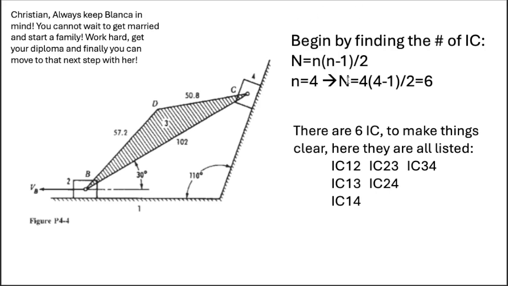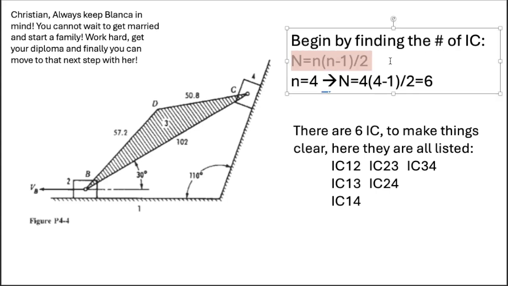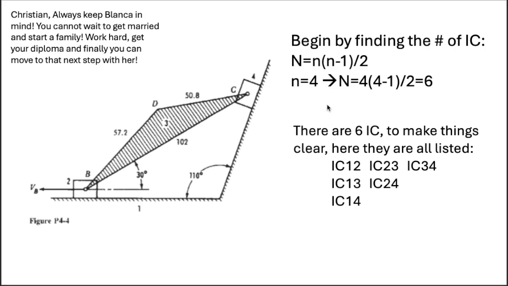Keep at it. So, now let's see how we apply the concepts we saw in the lectures, and do it in a problem. In this problem, we're going to start by finding the number of instance centers. So we're going to use this formula. And so we know that there are 4 links, because we have link 1, the ground.